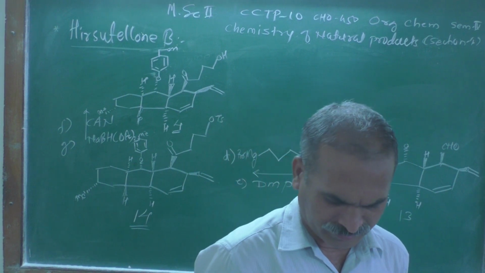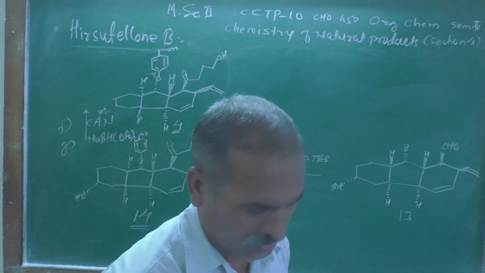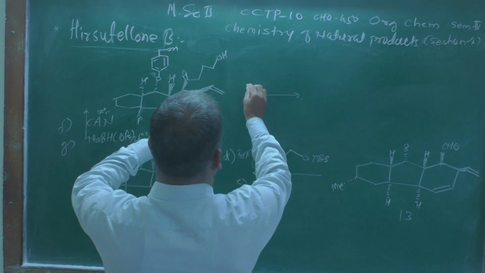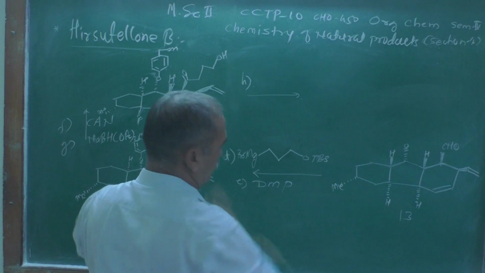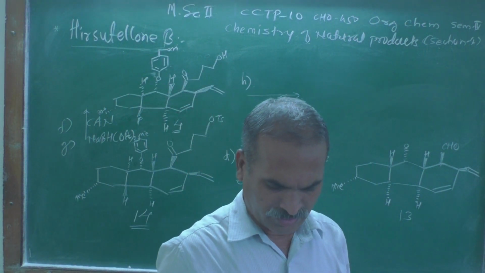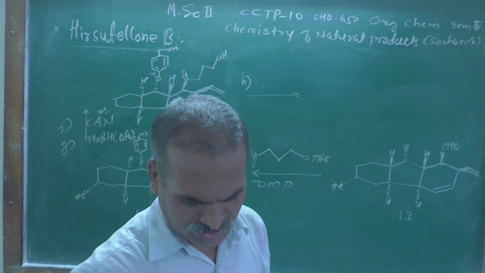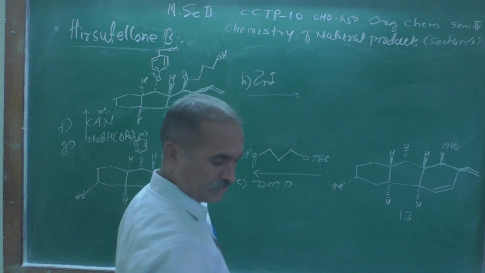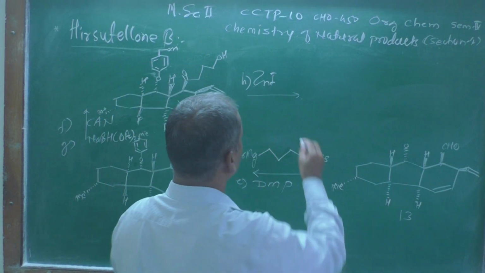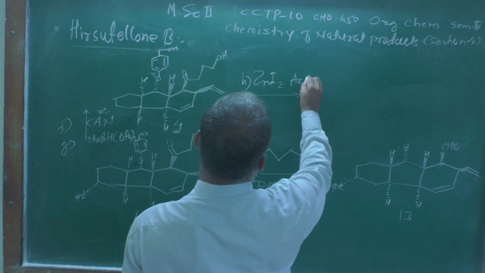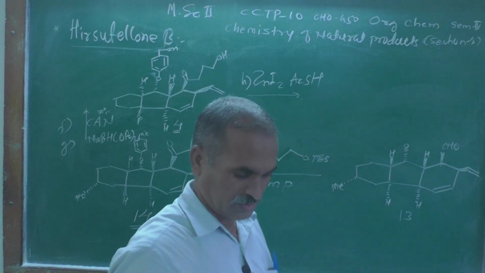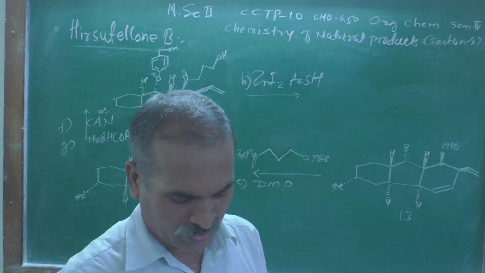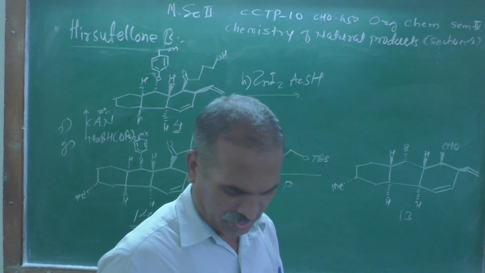After that, we are going to add on structure 4 the H reagent, and the H reagent is nothing but zinc iodide, ZnI2, then AcSH, that is thioacetic acid.